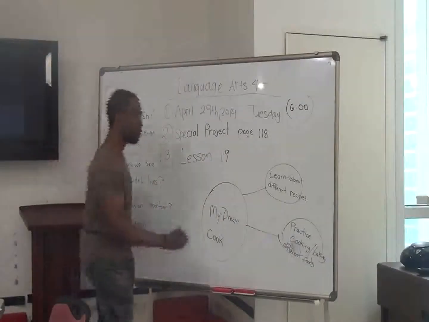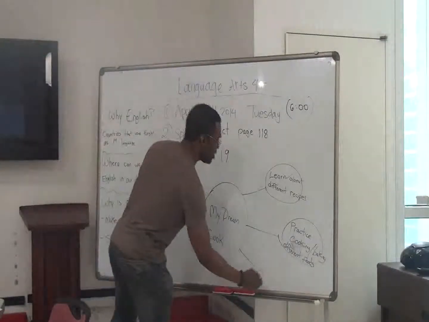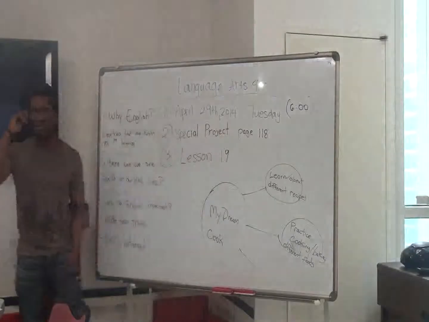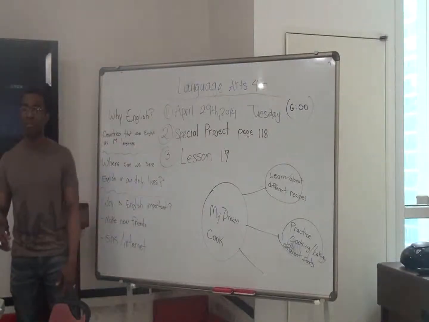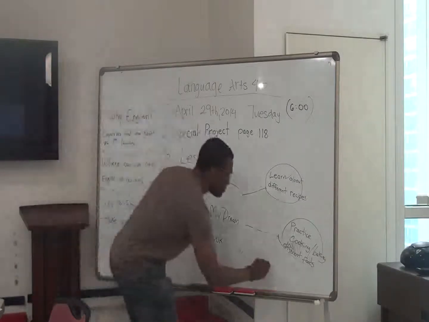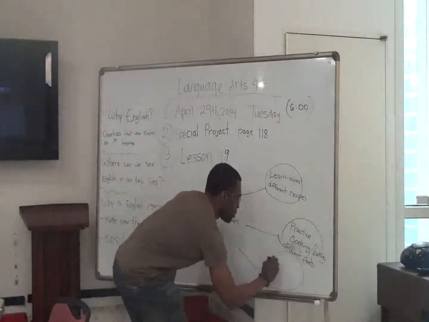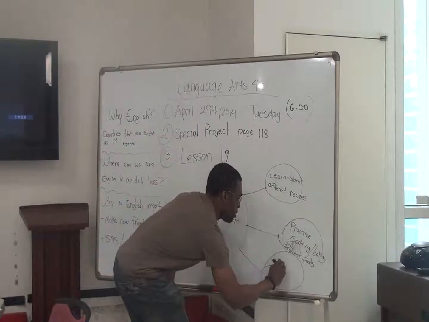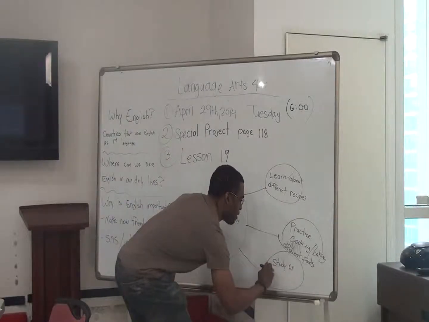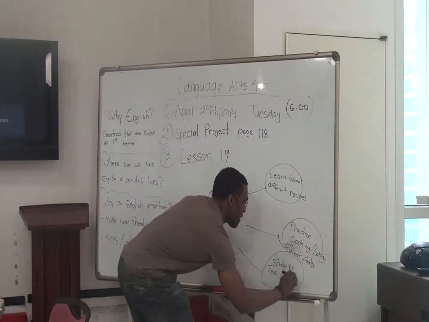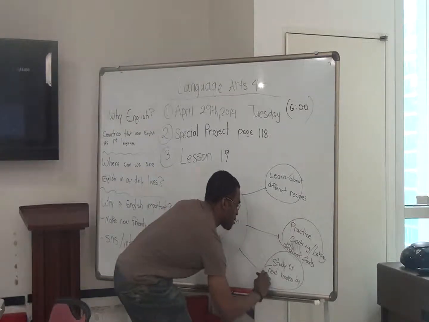And number 3, if I want to become a cook, what else do I need to do? Famous chef. Famous cook. Okay, study, or read books by famous chefs.